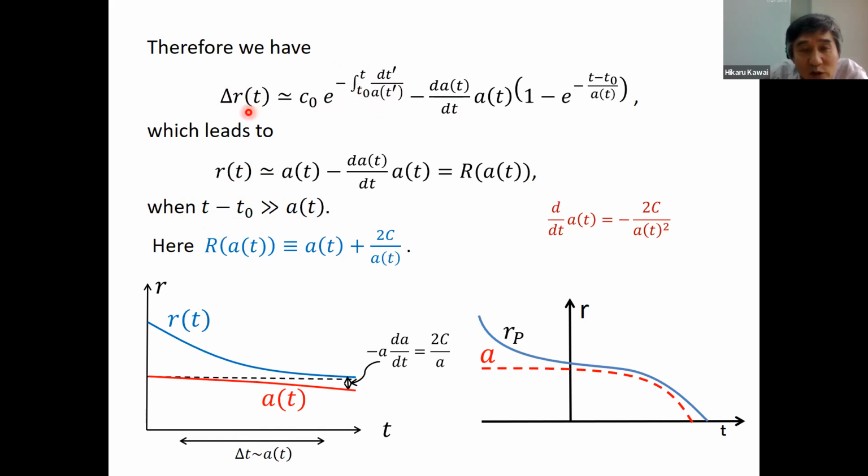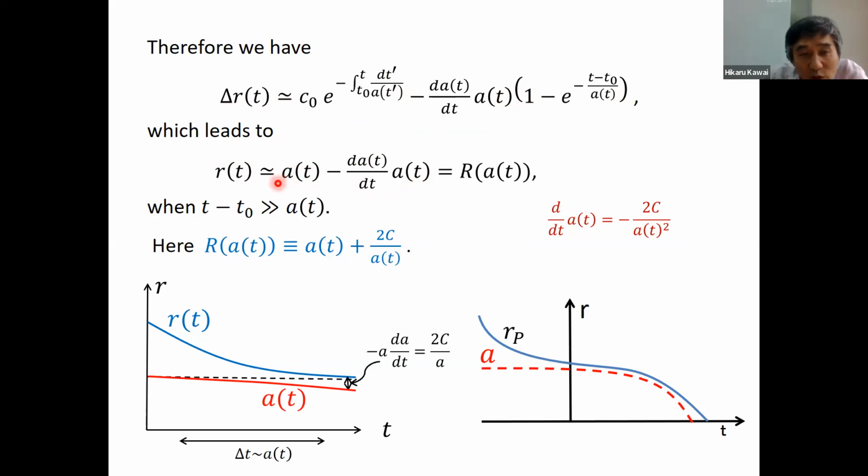So we can drop this term and this term. So we see delta R is approximated by this quantity. But delta R is R minus A. So R is approximated by A plus this constant, minus A dA/dt.